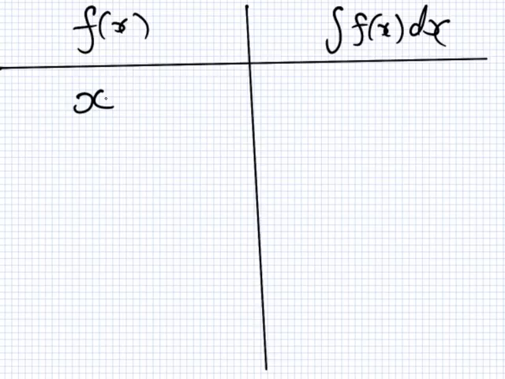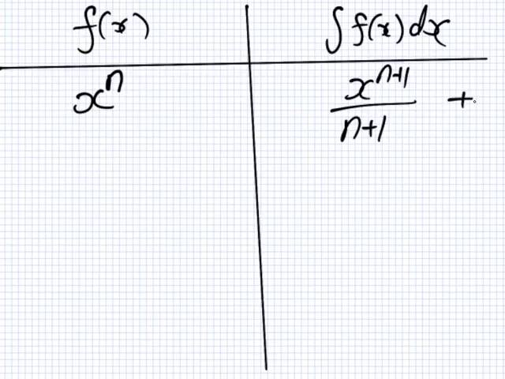Now if you do that exactly backwards and opposite, you increase the power by 1, and instead of multiplying, you divide. So if it's x^n, it becomes x^(n+1) over n+1, plus c constant. So you could test this out.